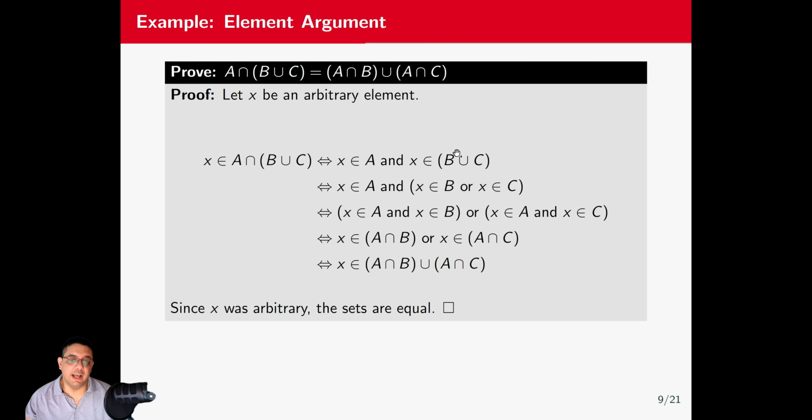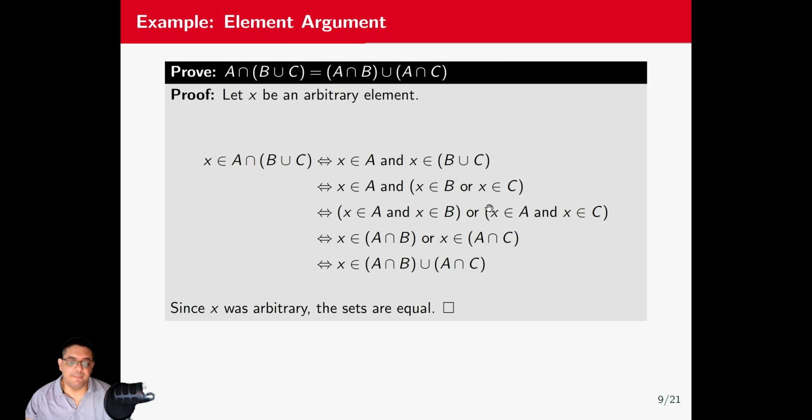Now, from X belonging to B union C, that means X belongs to B or X belongs to C. But now we can use the distribution of the and, and we can separate this to be equivalent to: X belongs to A and X belongs to B, or X belongs to A and X belongs to C.